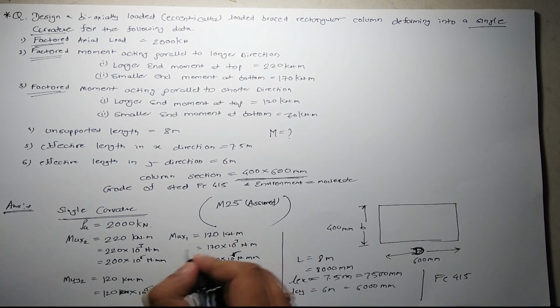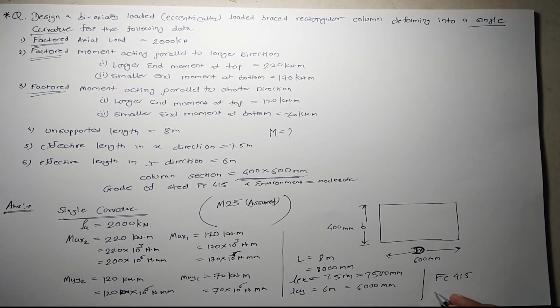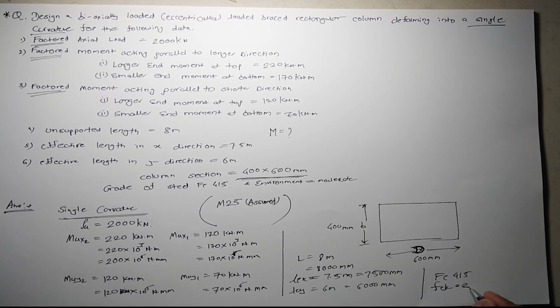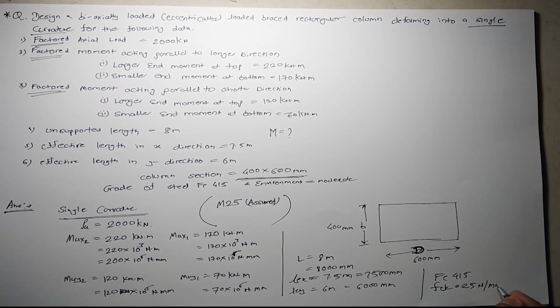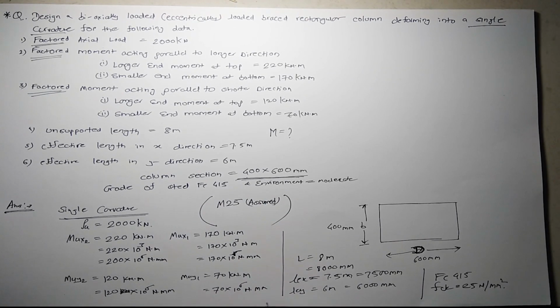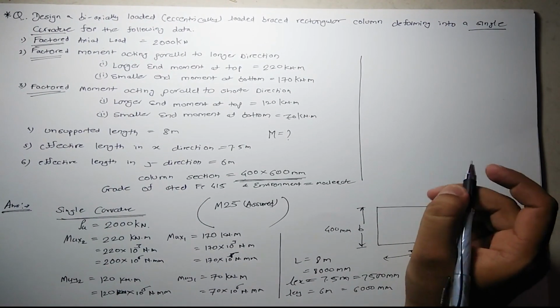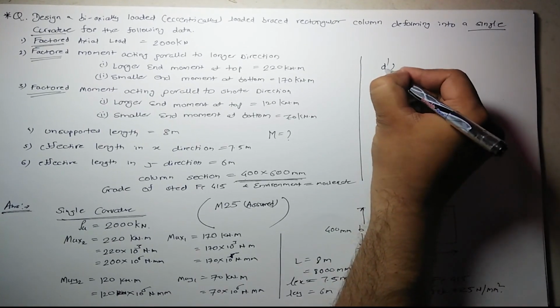So we'll assume M25, so our fck will be 25 Newton per mm square. Now in this step there is a very important assumption, that is the assumption of d dash.